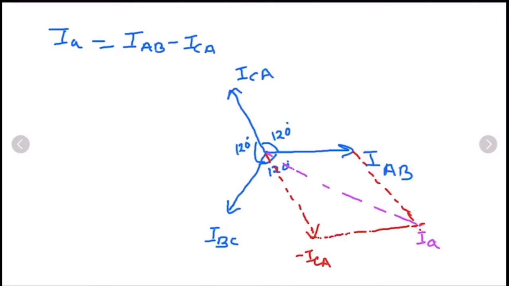The angle between these two phasors will be 60, because this phasor will bisect the angle, so this angle will be 60.